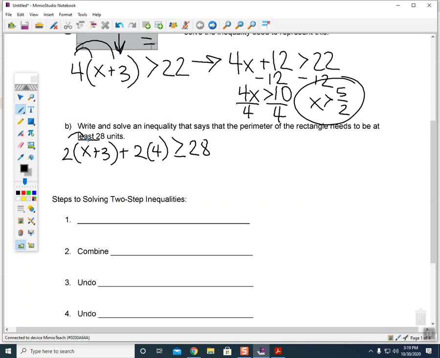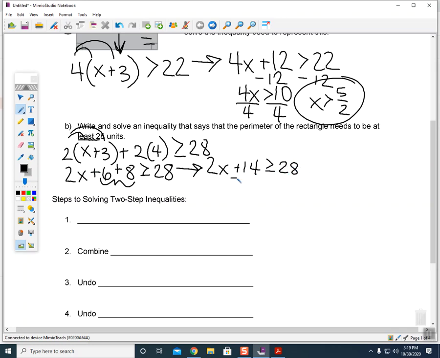So now I'm going to distribute. 2 times x is 2x, 2 times 3 is 6, and then 2 times 4 is 8, is greater than or equal to 28. I'll combine my like terms, so I'll combine 6 plus 8, which is 14. So now I have 2x plus 14 is greater than or equal to 28.